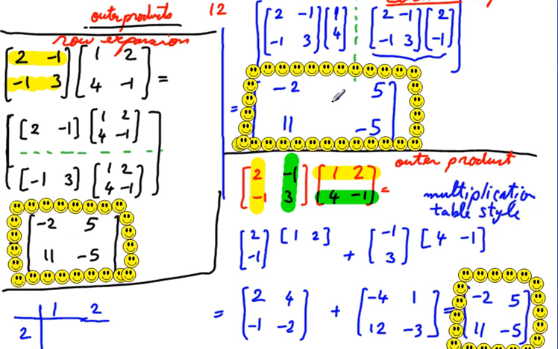This one was a column expansion. You're creating the final answer a column at a time. And outer product, you're creating it by breaking it up into tables, creating separate tables, and then putting them together. But if a matrix is given, it's multiplied, you just go ahead, whatever is comfortable to you, that's just what you do. Okay.